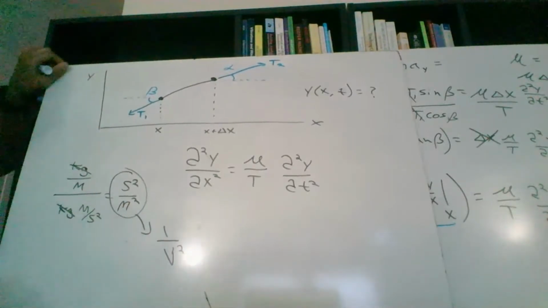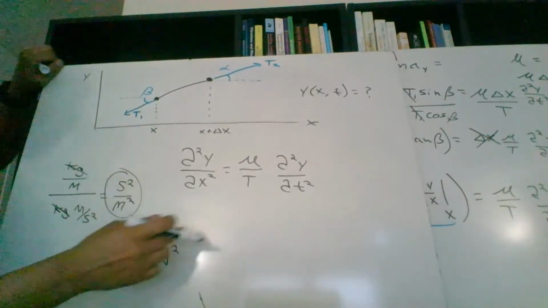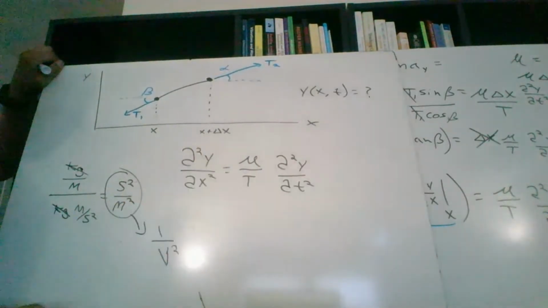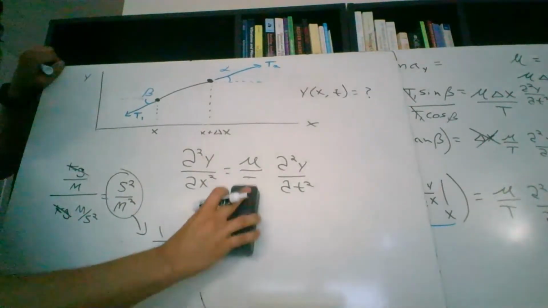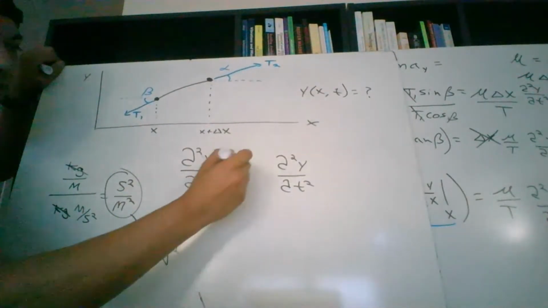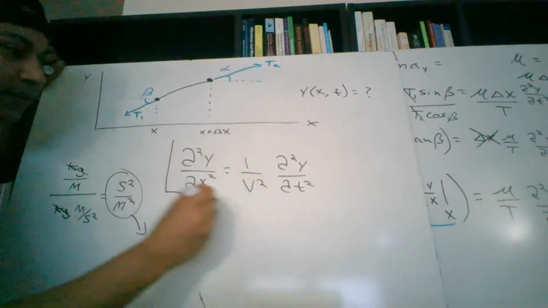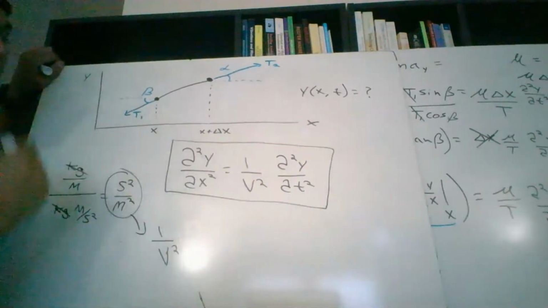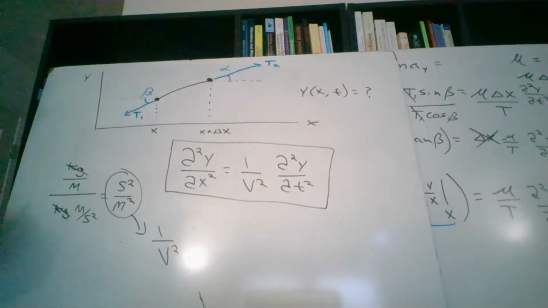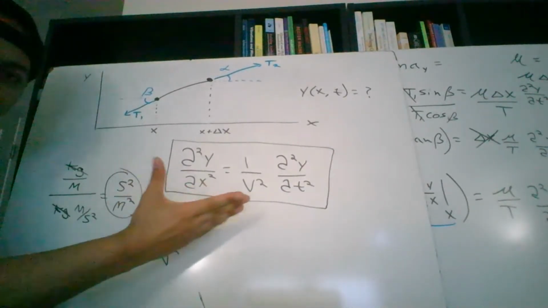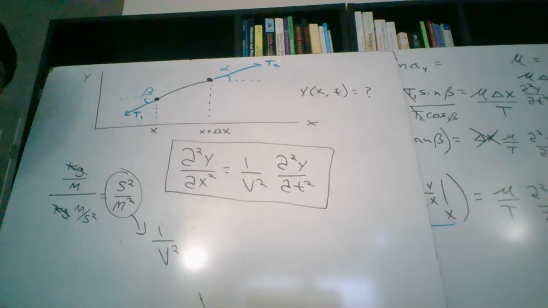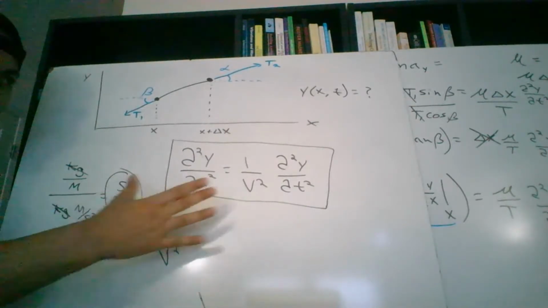That is 1 divided by the velocity squared. And so mu over the tension, the linear mass density divided by the tension, is really just 1 over v squared. And that is the equation of a wave. This is actually what we got in Wednesday's class, if you were there for that.